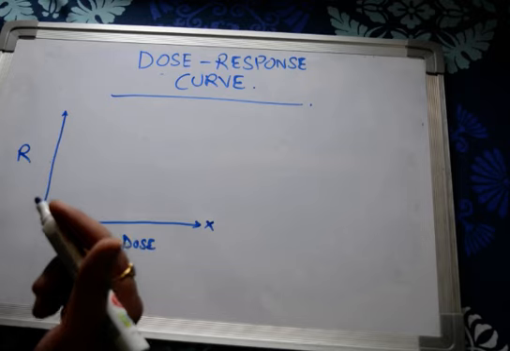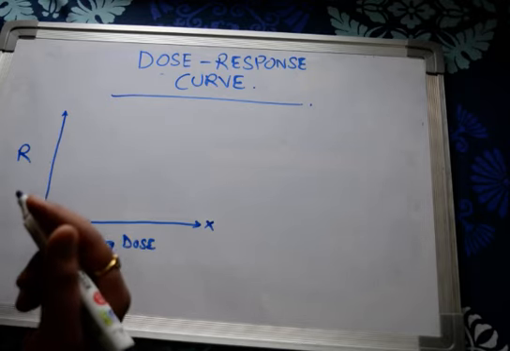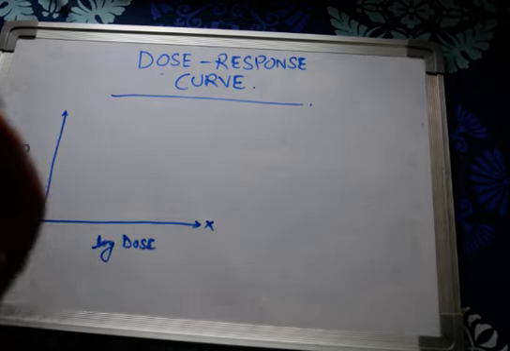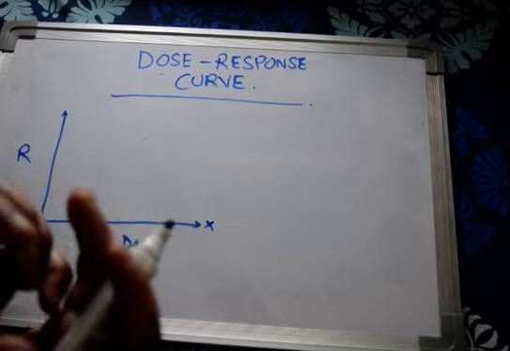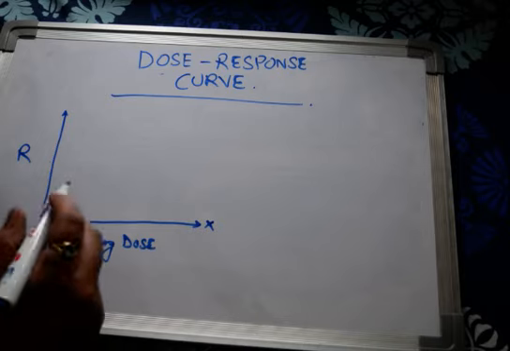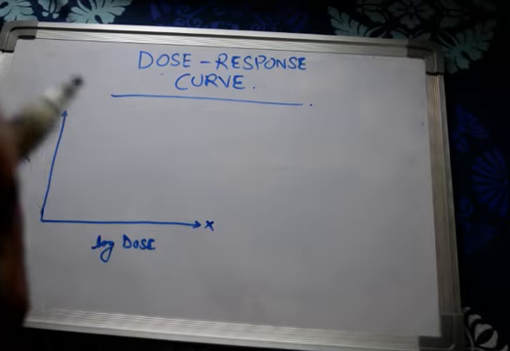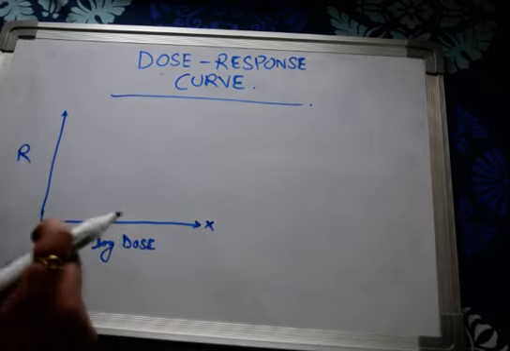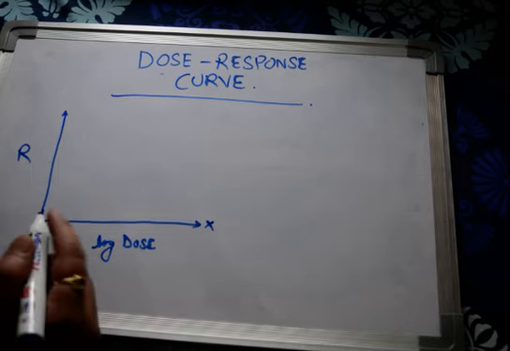Means if you keep on doubling the dose, which is normally a geometric progression, it converts it into an arithmetic progression, and every double dose can be plotted on the graph paper as an equal interval.